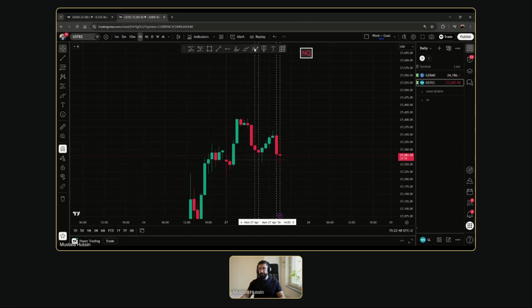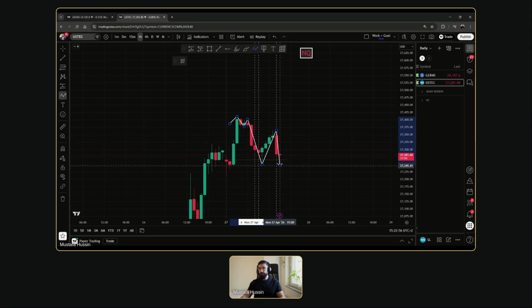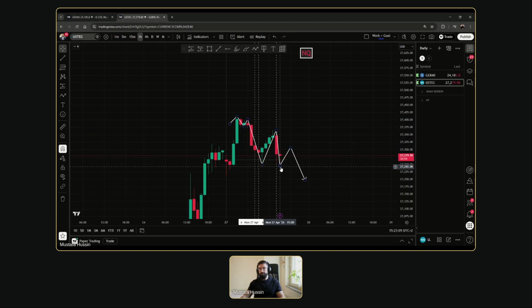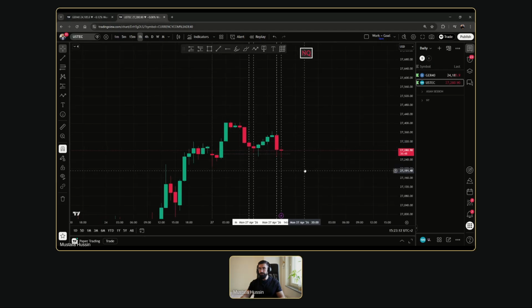Yeah, looking at this, it looks like it reacted on the fair value gap on the 1 hour, continued to the downside, took out this liquidity, might continue to the upside, take out this fair value gap, and then continue to the downside. But it's not certain, because I'm not having any 1 hour break of structures in the pre-market session.